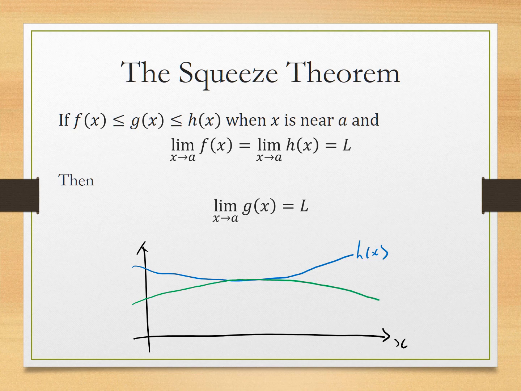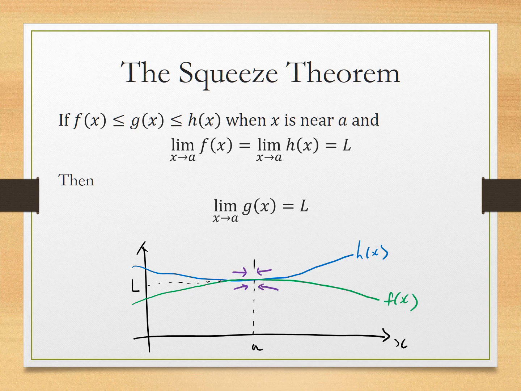This is f, and as you can see, the trend is the same around a point a. These two functions are both trending towards a particular value at a, which is called O. Okay? O.